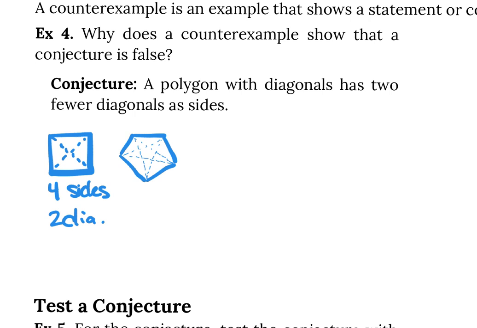Okay, so I can see that I have 5 sides. And there are 1, 2, 3, 4, 5 diagonals.